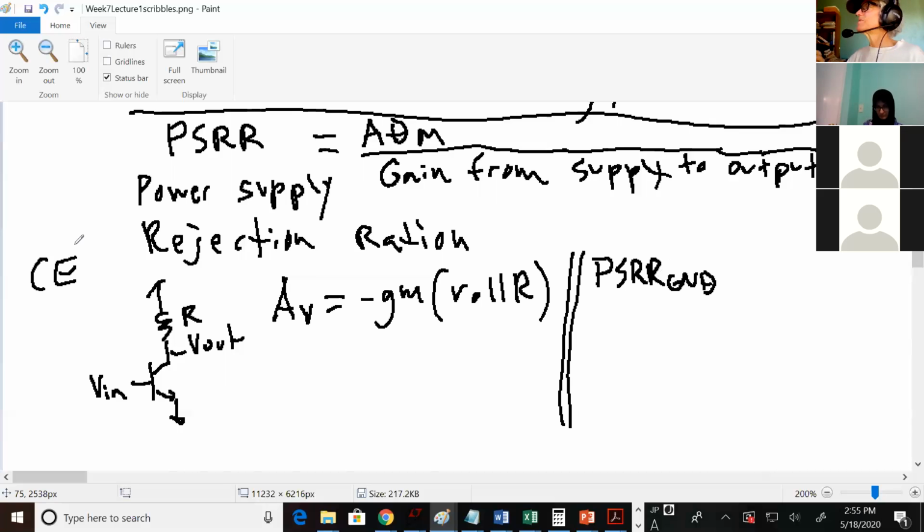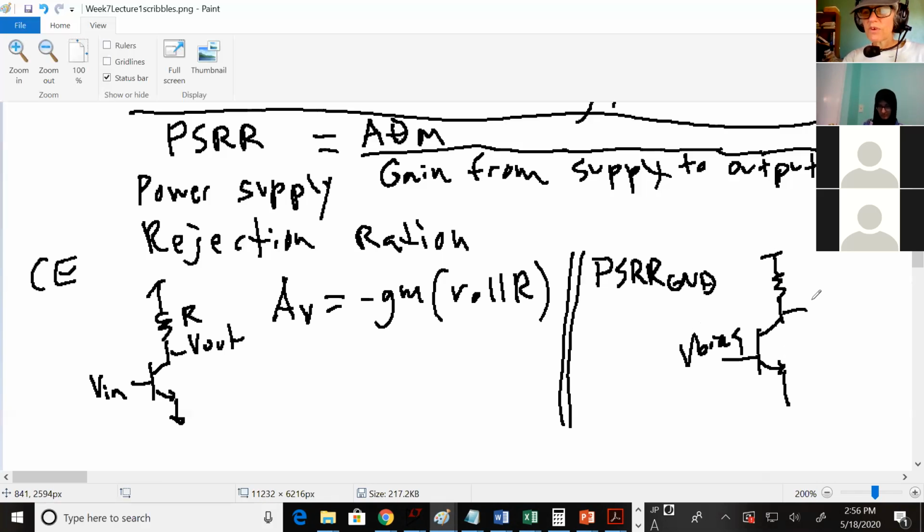So I don't want the input to move anymore. And I'm going to erase in a minute, so don't draw the ground in. So that's our circuit, but I'm just going to put the bias voltage on here now. I'm not going to put any input signal on.